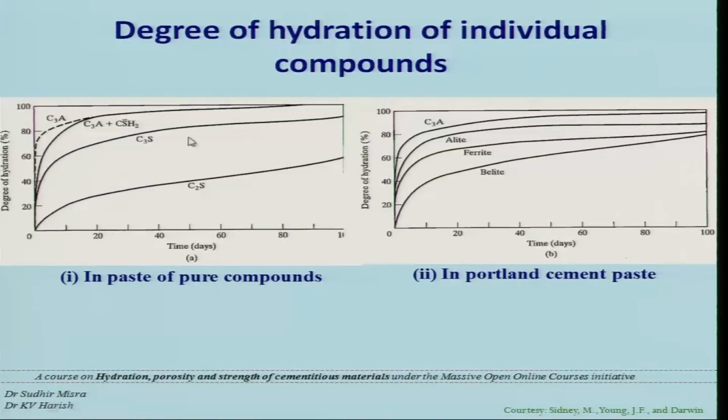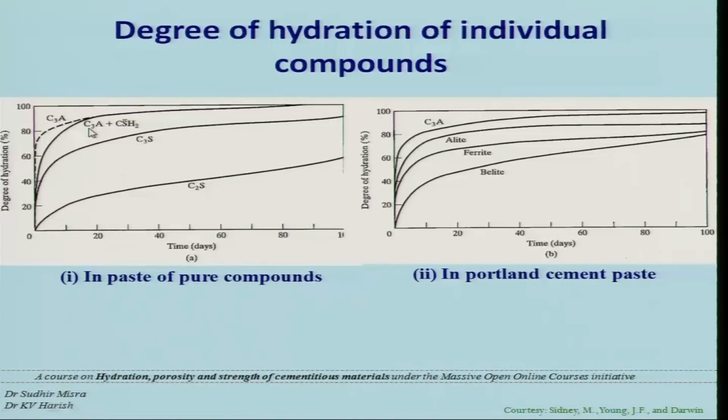Now similar things can also be obtained for the compounds that have impurities, like in our Portland cement paste, and individually you find that you get these type of trends. Remember that the same values for C2S and belite you will not get, primarily because you have impurities here. Likewise C3S and alite will not be similar.